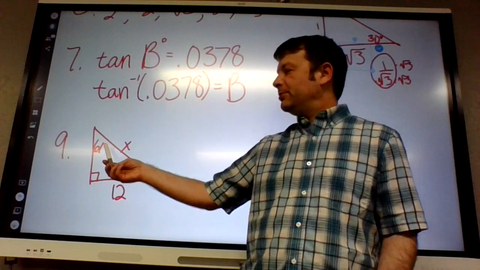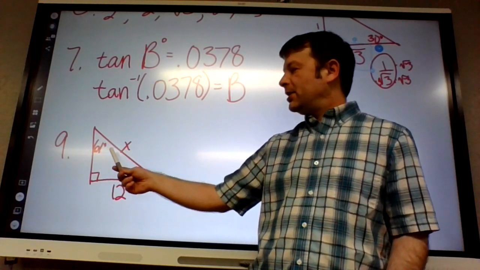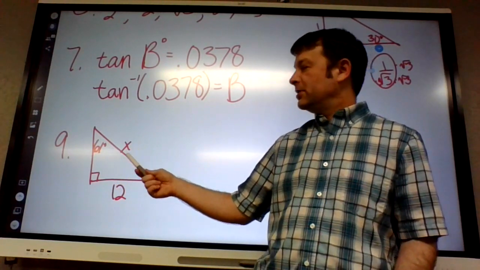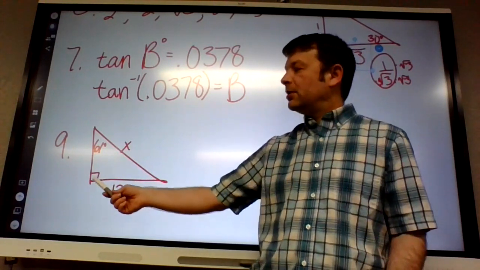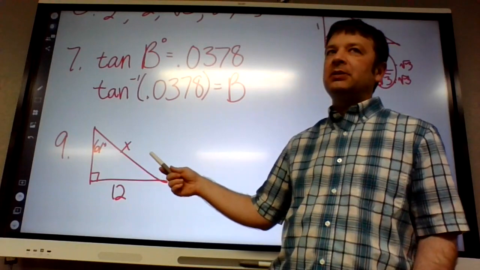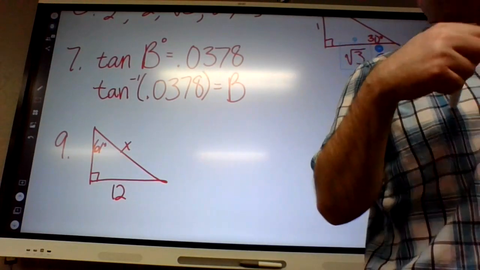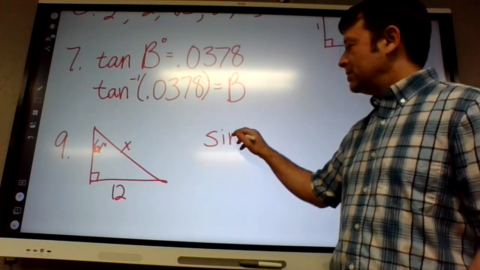So what you do, use one of the acute angles, and you say, what's the side that we know and what's the side that we're looking for? Relative to this angle, what side do we know? Opposite. And the side that we're looking for is the hypotenuse. Which trig function uses opposite and hypotenuse? Sine. So we're going to set up a trig function using sine.